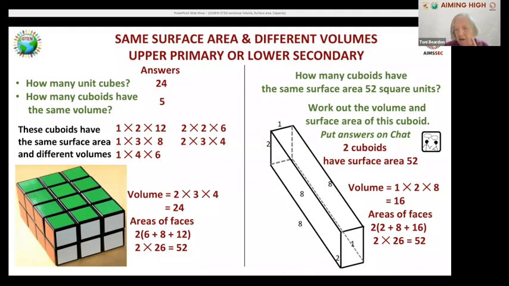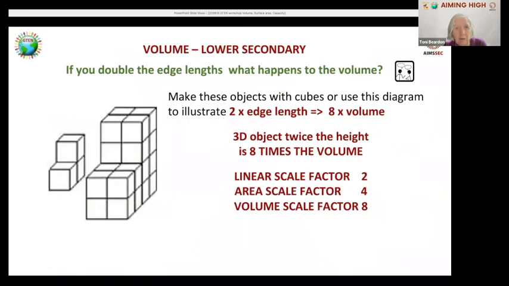So that adds up to 26, and then the 2 faces of the same area, and so the total area is again 52. So there's one example, and that's the only one I could find, but maybe somebody else will find another one that has the same surface area and a different volume.